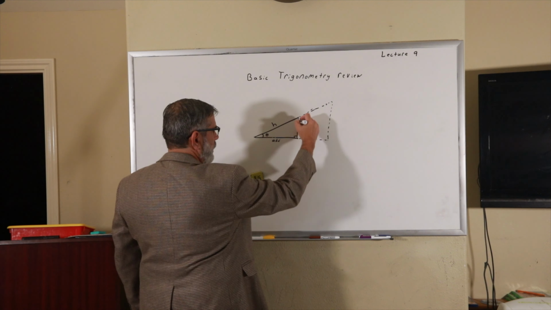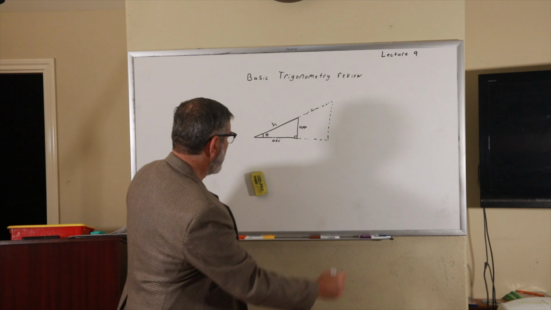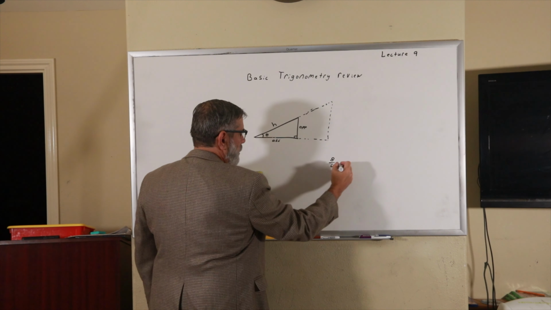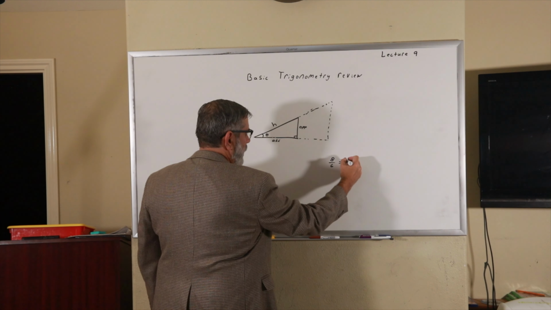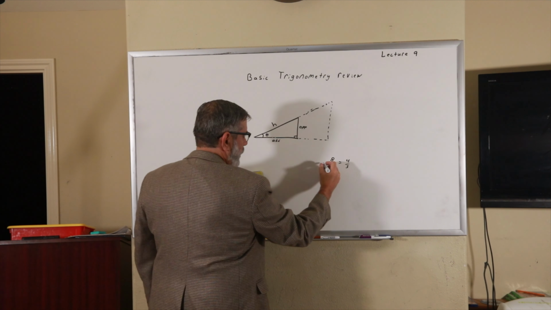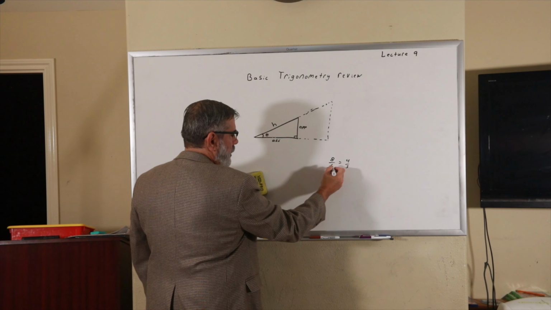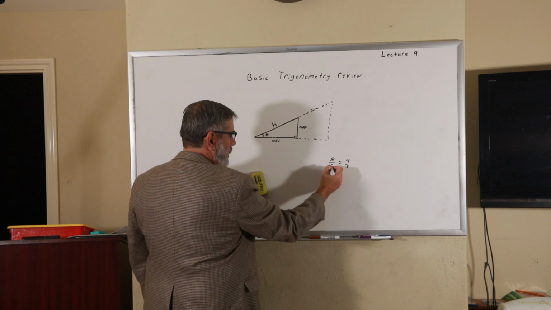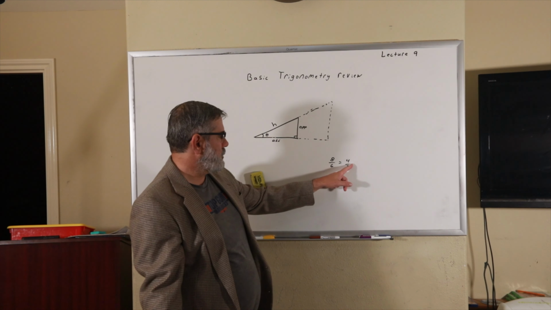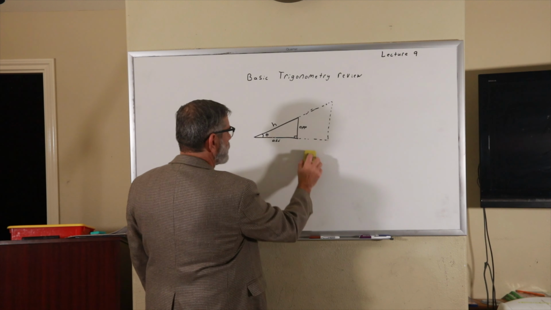If this was originally 4, then this new side length would be 8. And so we'd have a ratio of 8 over 6, which is the same as 4 over 3. This we can write as 4 times 2, and this we can write as 3 times 2. The two 2's cancel in the numerator and the denominator, and this is the same ratio. So this is the essence of these trigonometric relationships.